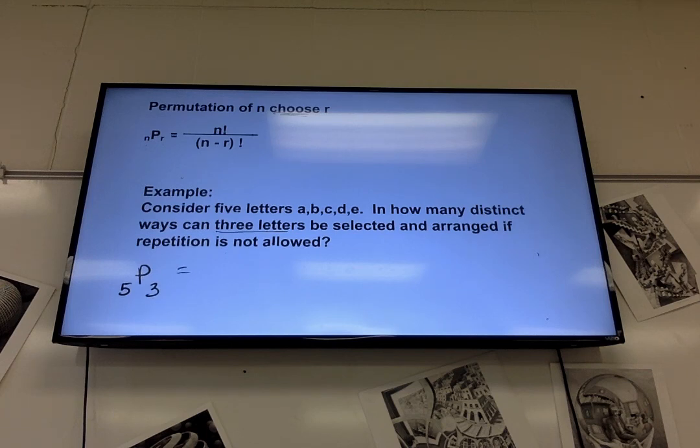So this one's the N, and this one's the R. So it's 5 factorial over (5 minus 3) factorial. Notice the 5 minus 3 is in parentheses. So that's 5 factorial over 2 factorial.